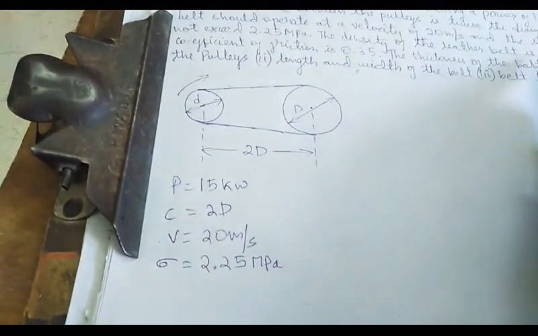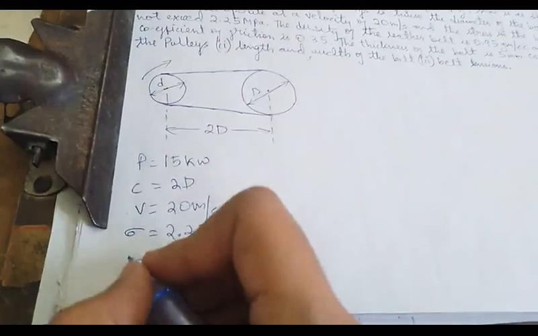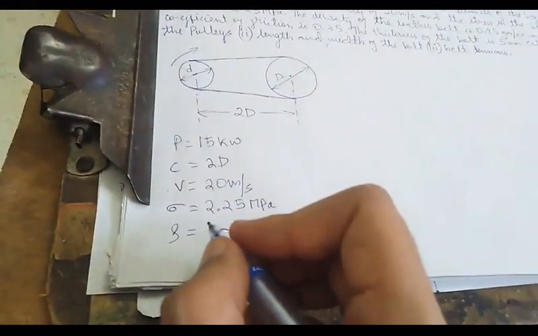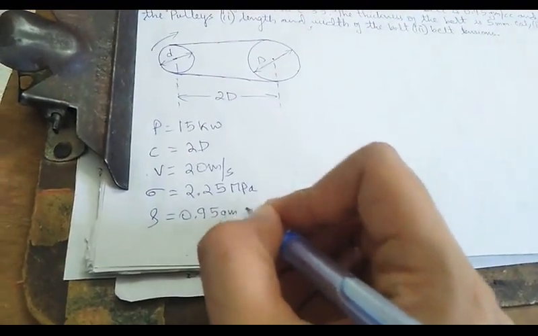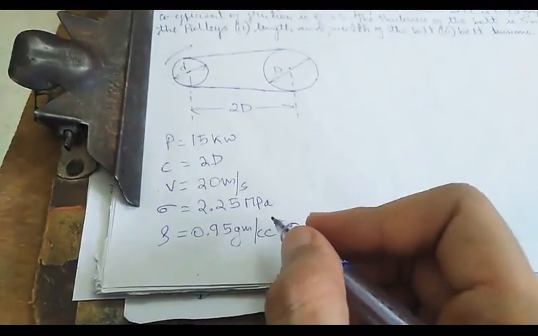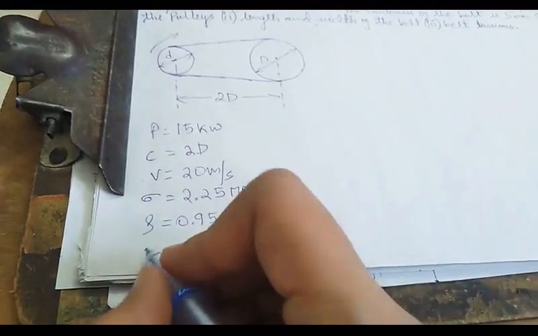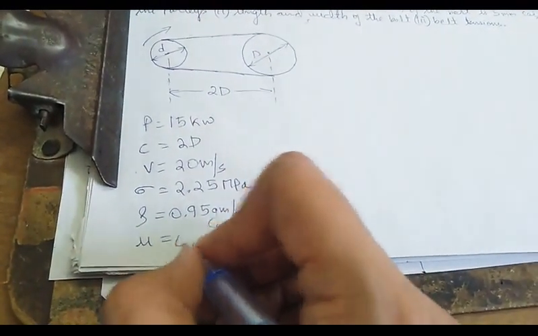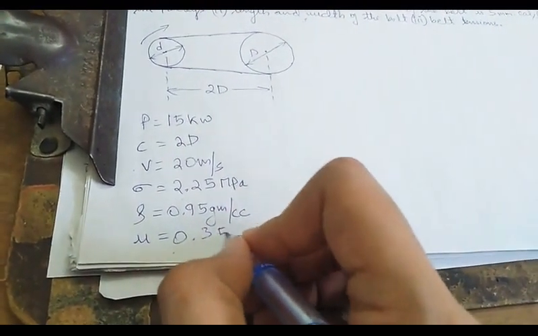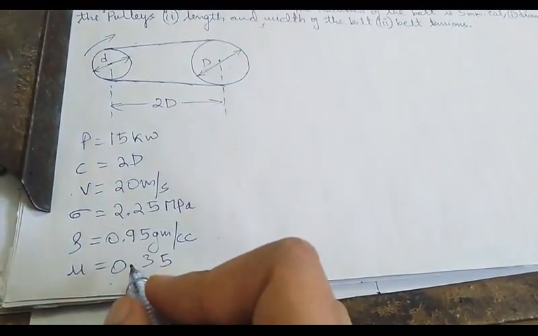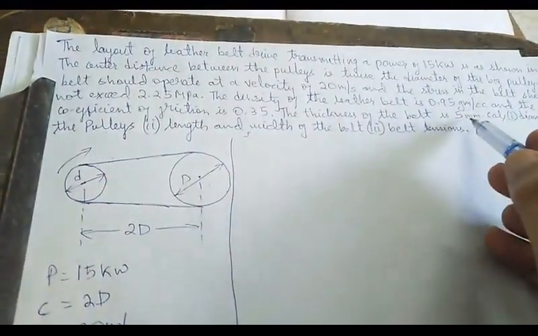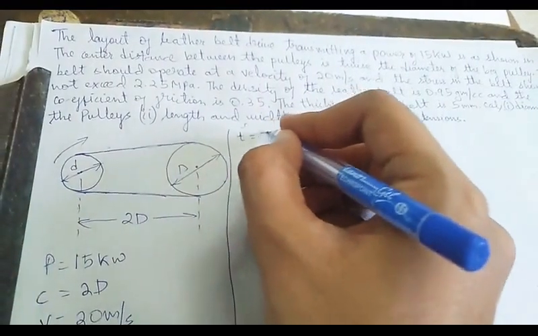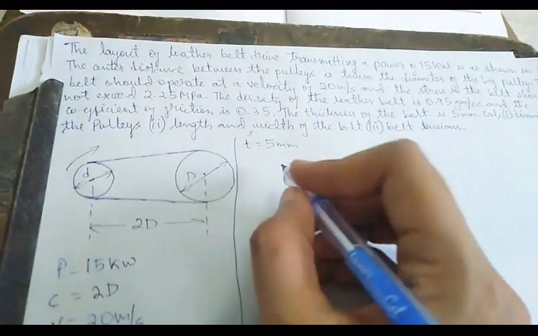The density of the leather belt is 0.95 gram per cc, density rho, and the coefficient of friction mu is equal to 0.35. The thickness of the belt is 5 mm, thickness t they have given as 5 mm.